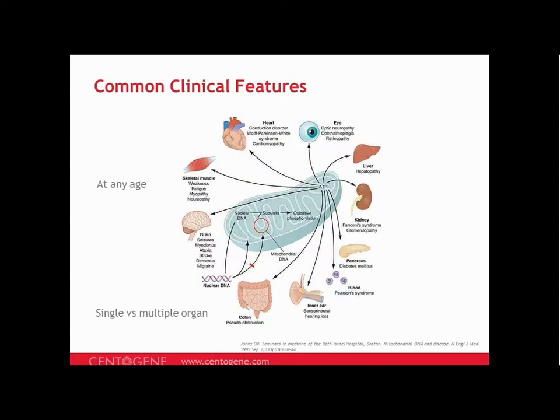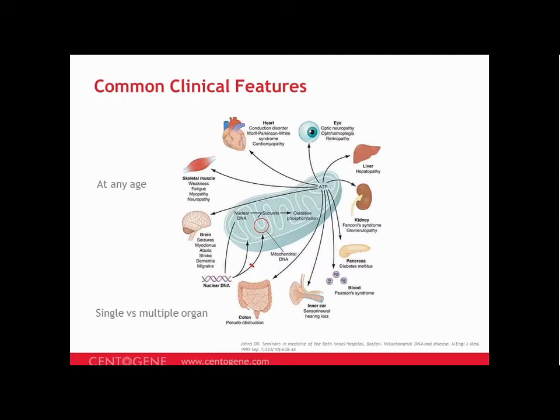For example, when we start at the upper right hand, like the eye, we can have ptosis, external ophthalmoplegia, optic atrophy, pigmentary retinopathy, and when you check the skeletal muscle, proximal myopathy and exercise intolerance can be clinical features of mitochondrial disorder.